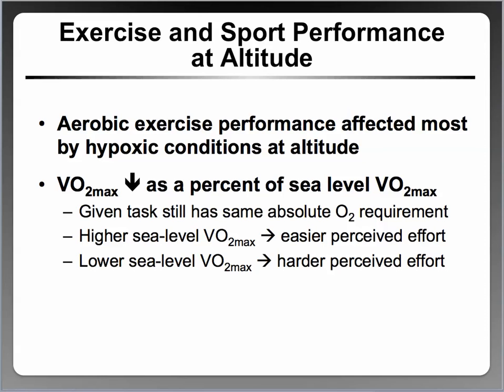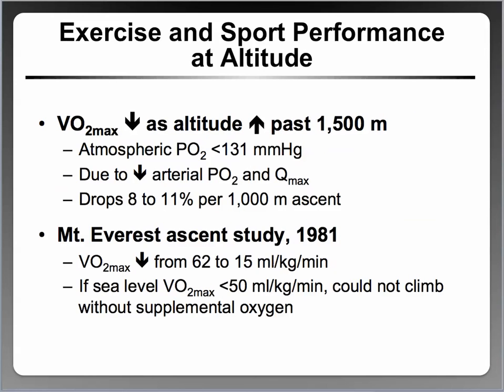However, training state has something to do with that. People that have a larger VO2 max can perform a standard work with less perceived effort and less cardiovascular and respiratory stress than those that have a lower VO2 max. I'm going to go back a slide and again drive home this last point.